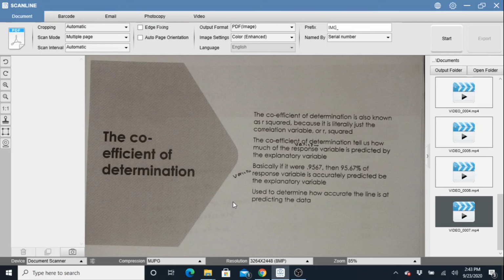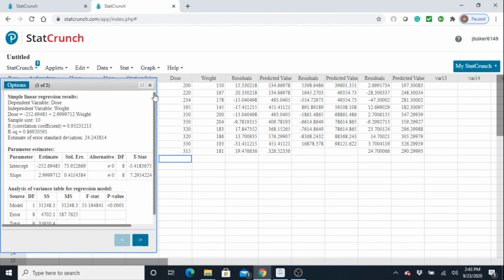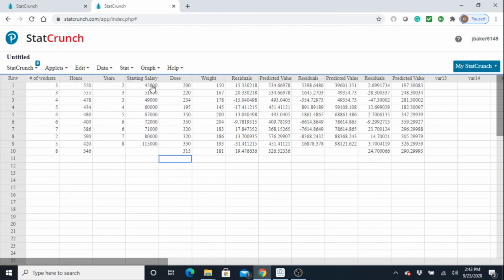So where can we find this? Well, it's actually not too hard to find. If I look at my original data set, which had to do with number of workers and hours done, if we go back to the original thing that we came up with results, the r squared is right there.